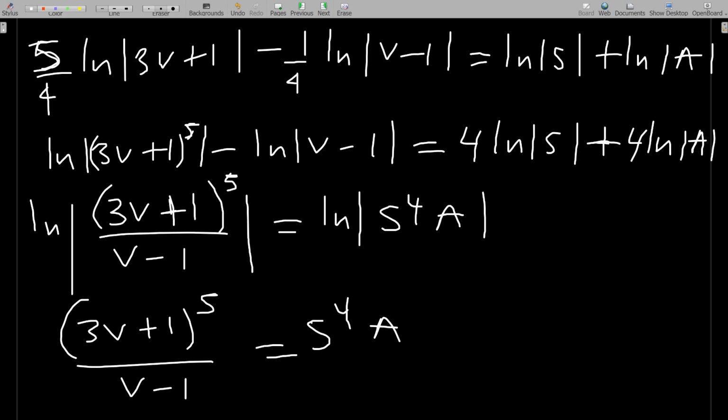What is our v? We realize that we said that tau is equal to vs, meaning that my v is equal to tau over s, okay?